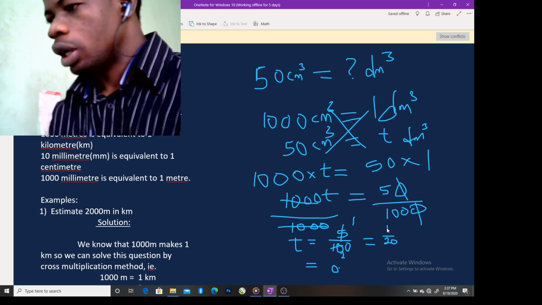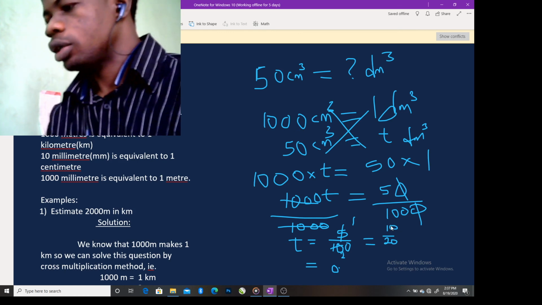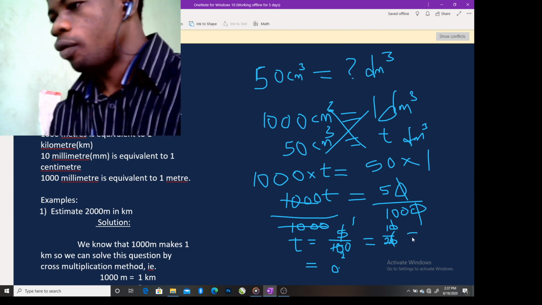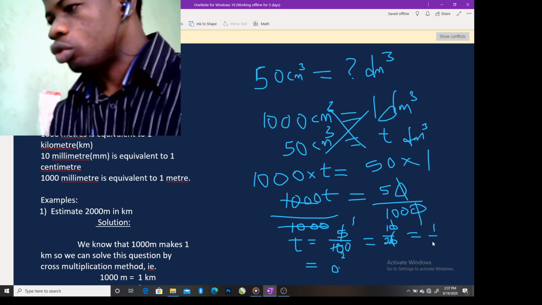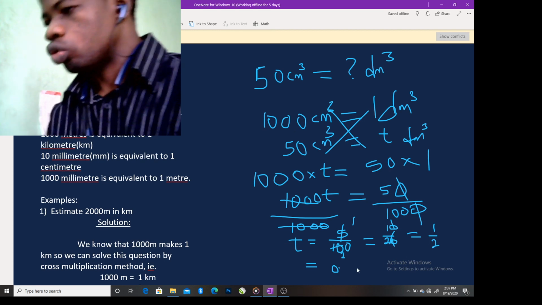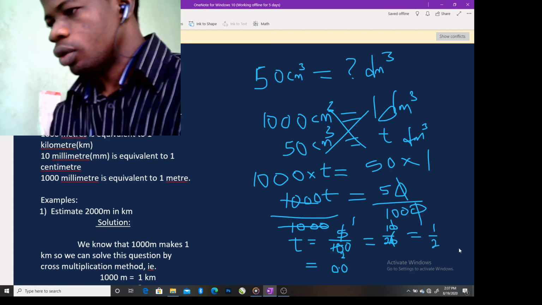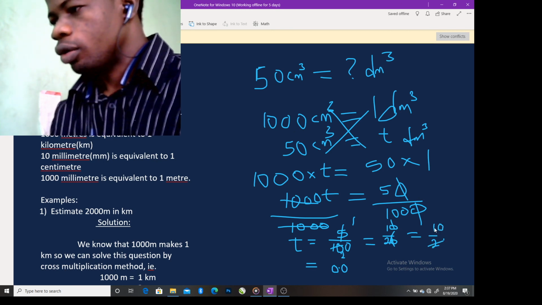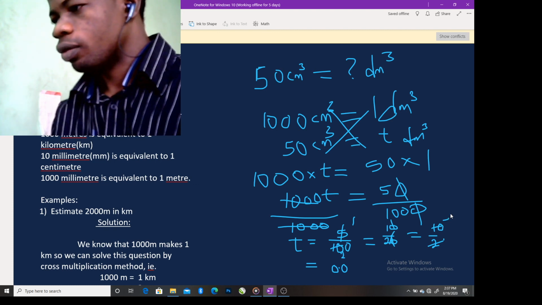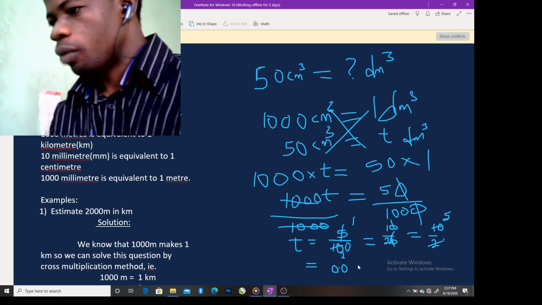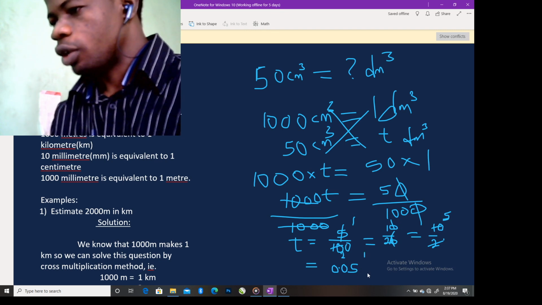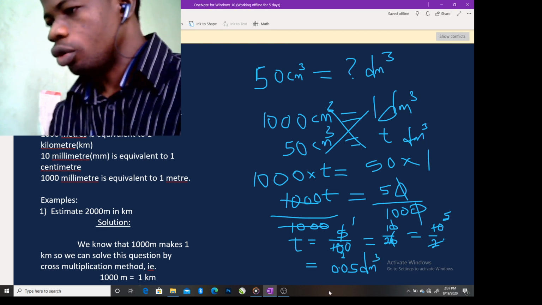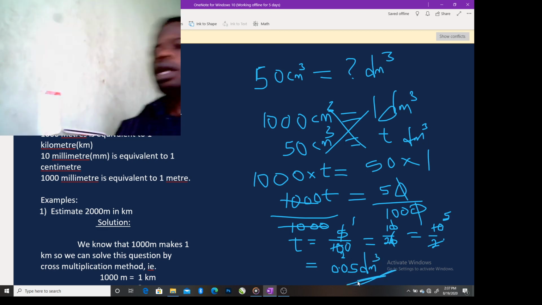When you put the point here, you add 0 here. Then 2 in 2 is 0, add 0 here, and 2 in 5. So the answer will be 0.05 dm cube. Do you get that?